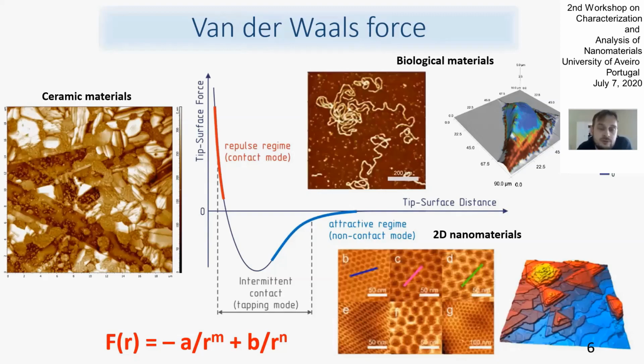If we work with soft objects and need really precise measurements, like measurements of nanomaterials, it's better to use softer tips and maybe operate in attractive regimes, when the interaction between tip and surface is not so strong. We will discuss that a bit later.